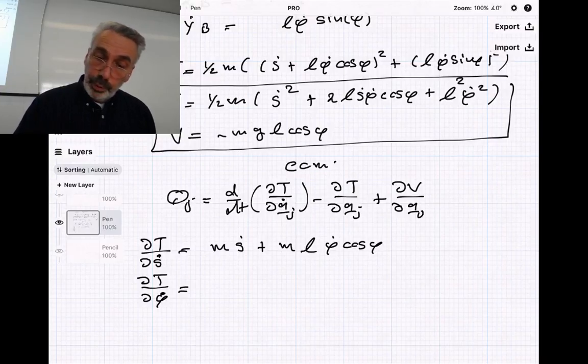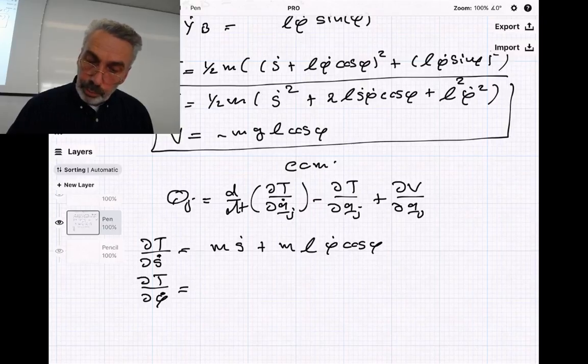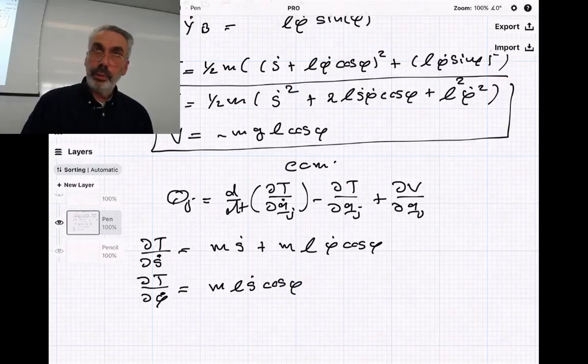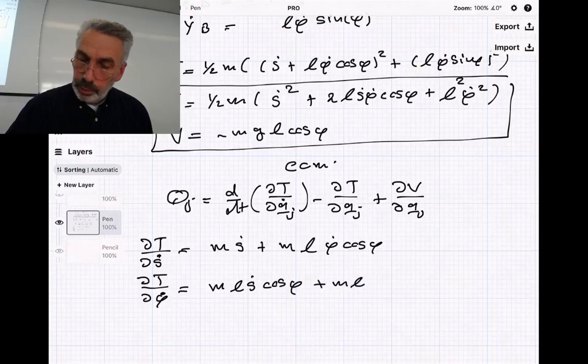Well, then we have this part. The 2 goes away. That's simple, and there's only one phi dot. So we get m l s dot cosine phi, and then this guy plus m l squared phi dot.